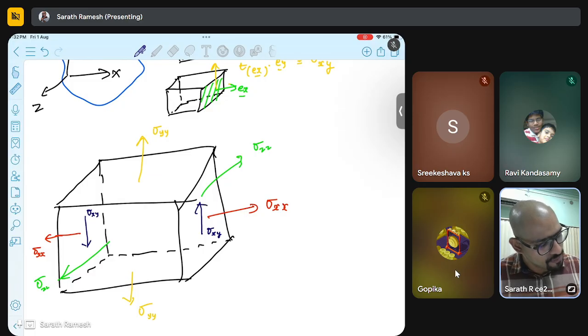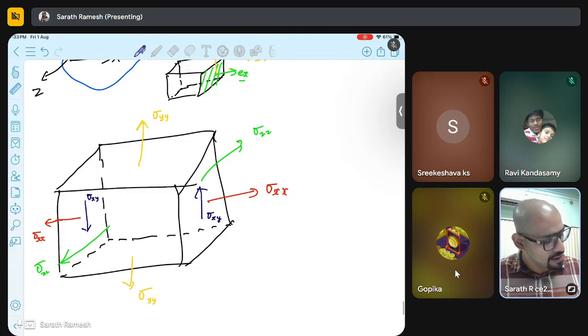Here it's upward, here it is downward. The negative x plane has the negative y direction. Only then will equilibrium be satisfied. Newton's third law is followed. Fine. Similarly, in the x plane, we have one more shear component.